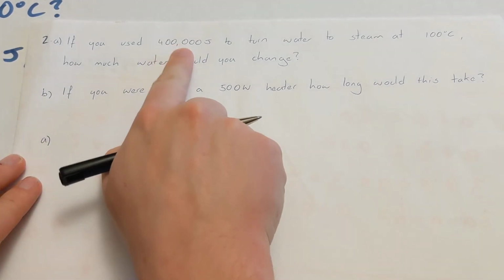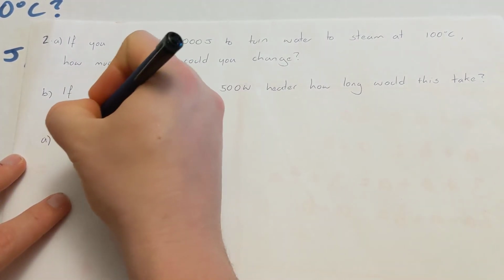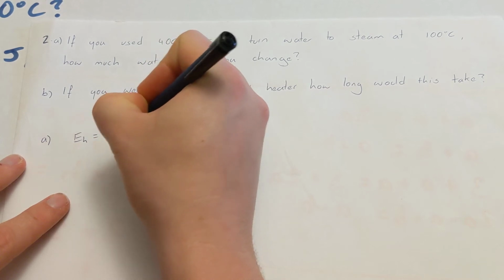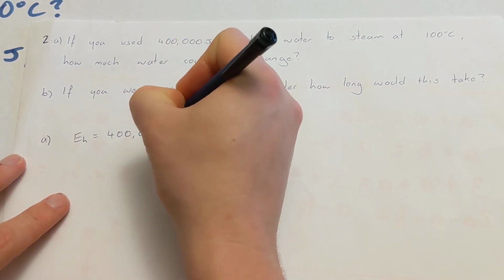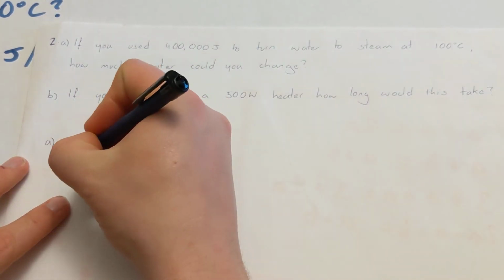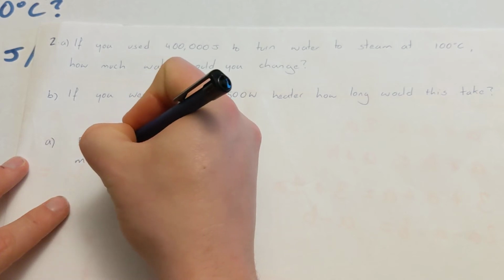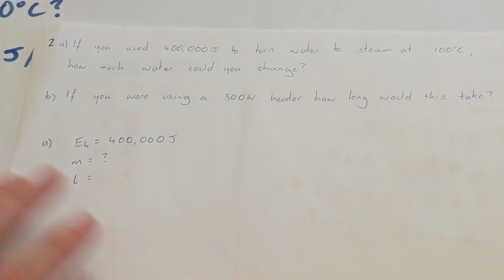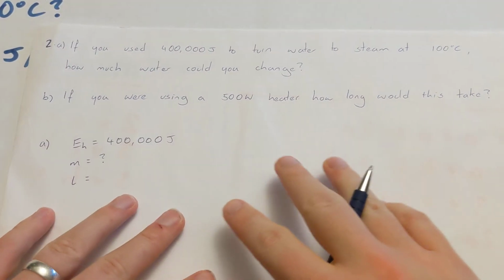Okay, write down what we have. We have an energy, EH equals 400,000 joules. Okay, how much water? So we're trying to find the mass. We don't know that, okay, but we do know L. And now we have to think about, is this fusion or vaporization?